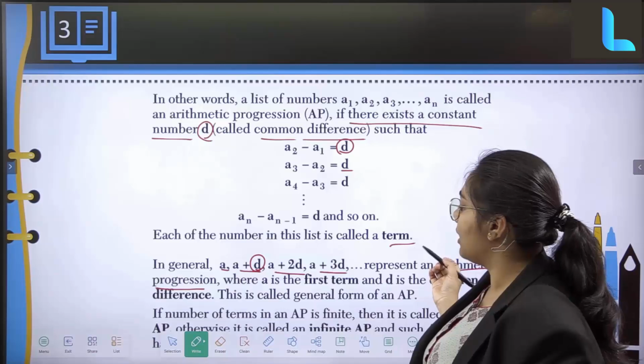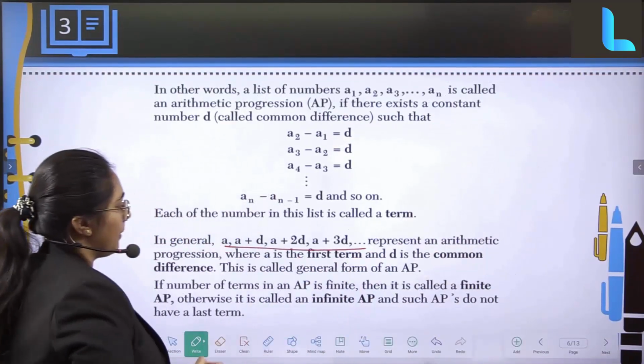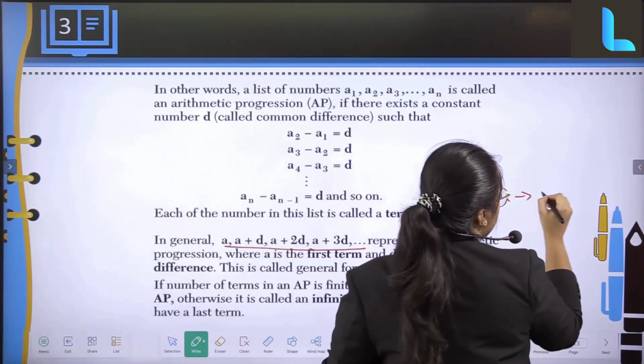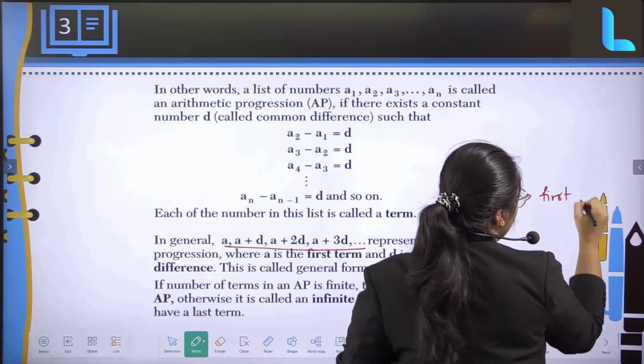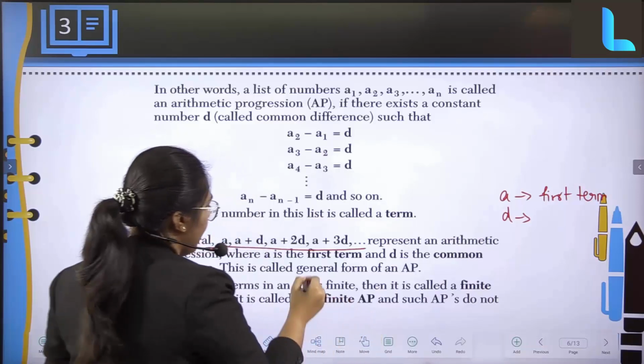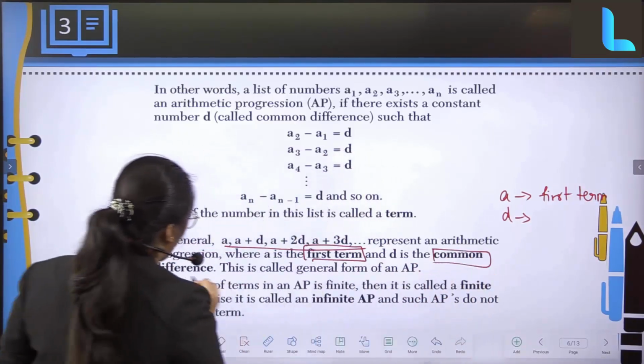Right. How do we call AP? As we have seen here, this is the general format, wherein you can see A and D. Here A is going to be my first term, and D, as you know, is the common difference.